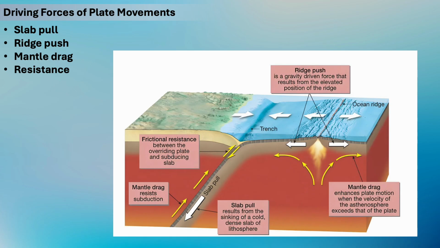Here, the term slab refers to the portion of a tectonic plate, usually old oceanic lithosphere, that is sinking into the mantle at a subduction zone. As this cold, dense lithosphere sinks under its own weight, it pulls the rest of the plate along with it.